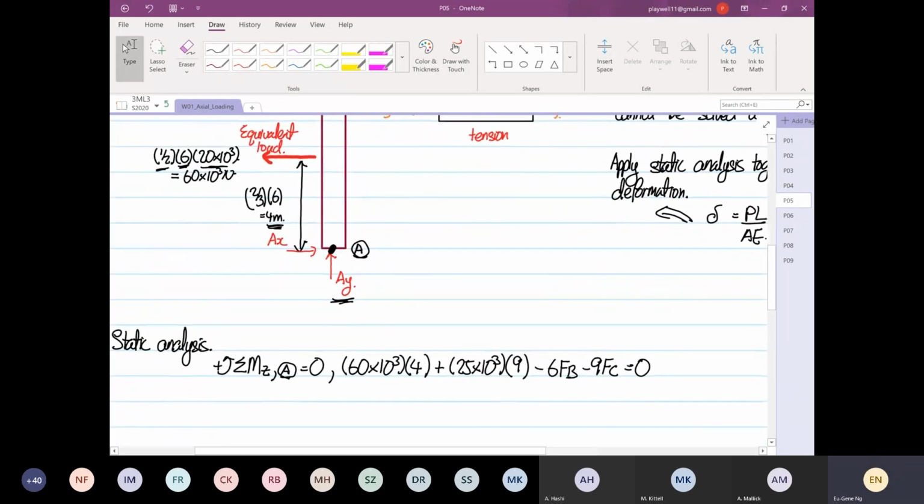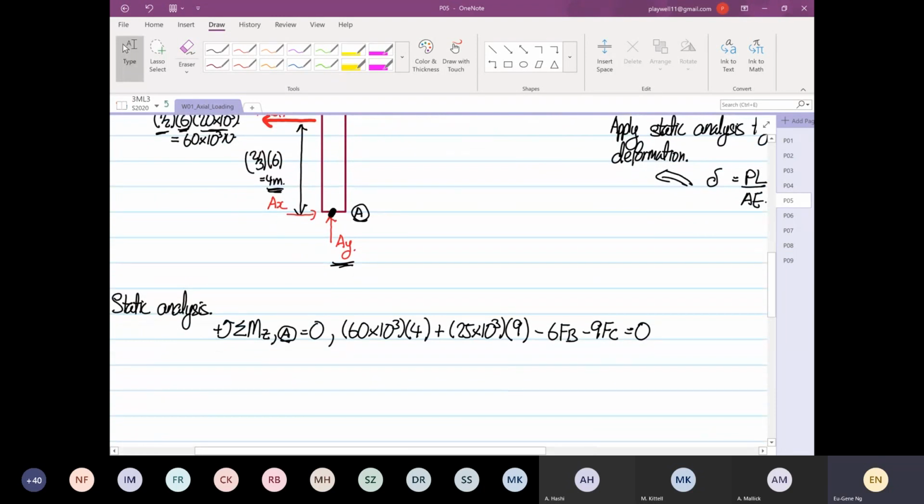Then when you factor everything in and sort things out, you get 240 times 10 to the power 3 plus 225 times 10 to the power 3 minus 6 FB minus 9 FC.